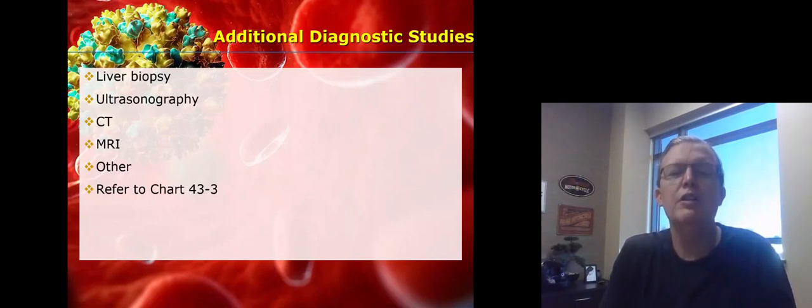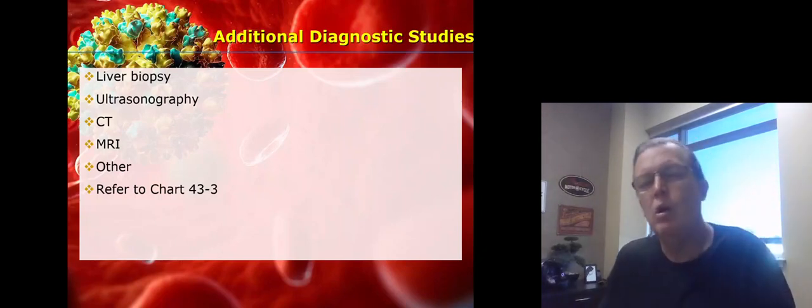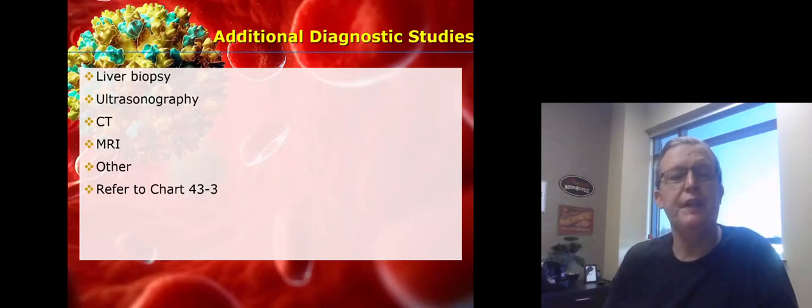First of all, we're going to start with tests that are less invasive. So the non-invasive studies here are ultrasonography, CT, and MRI. They are a little more specific as they get more expensive, I guess you could say, as they get more complex.